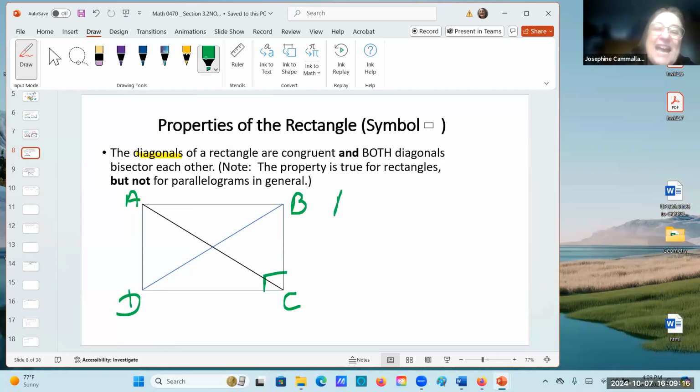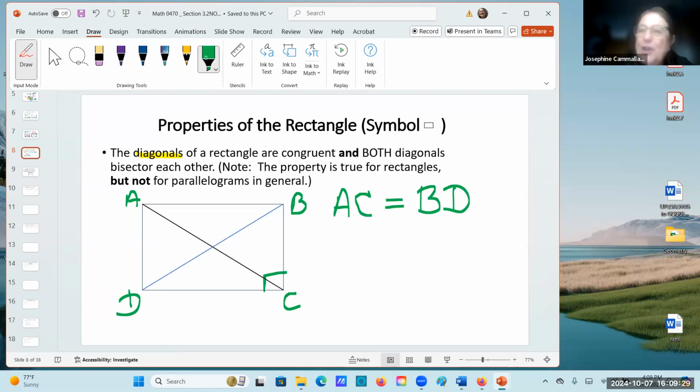The black diagonal, which is AC, is going to equal the blue diagonal. They are equal. But just like a parallelogram, both diagonals bisect each other.